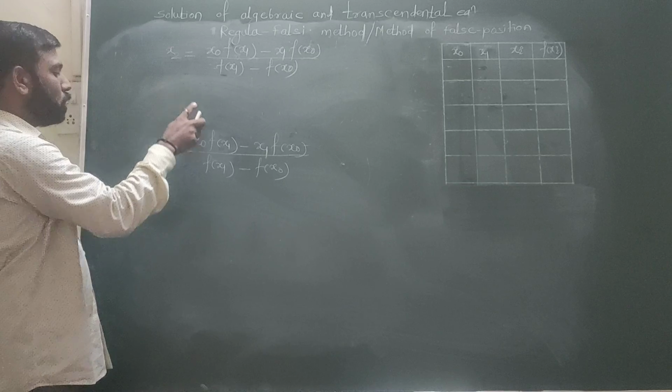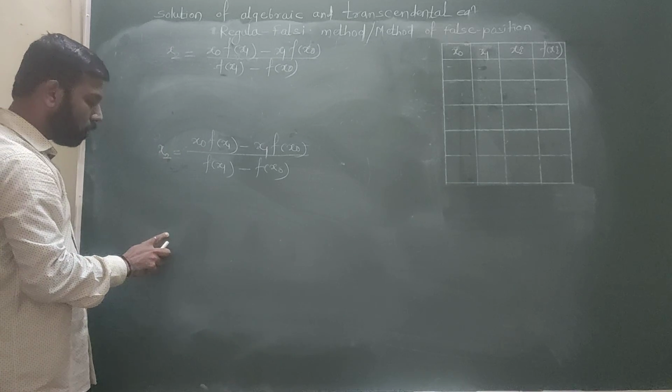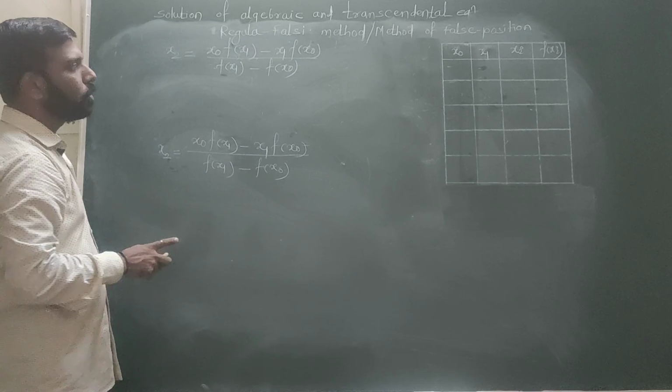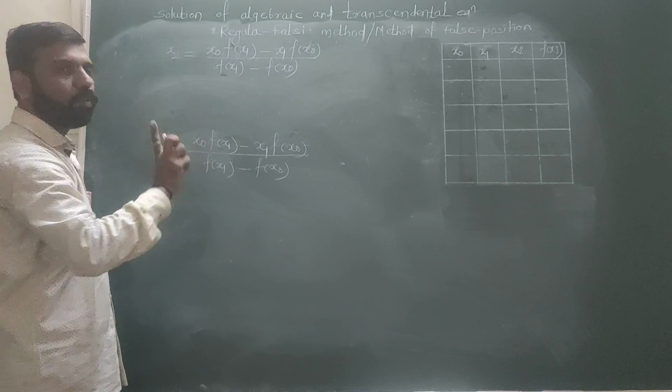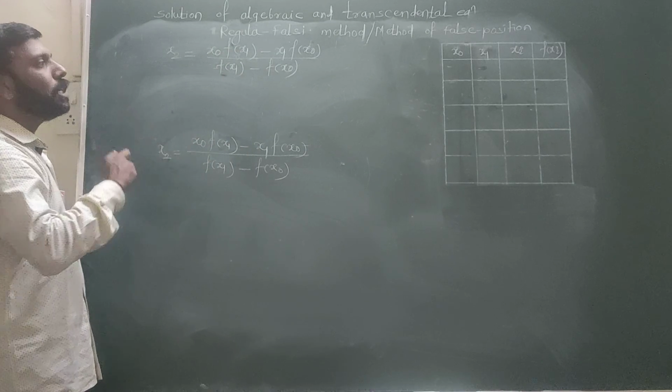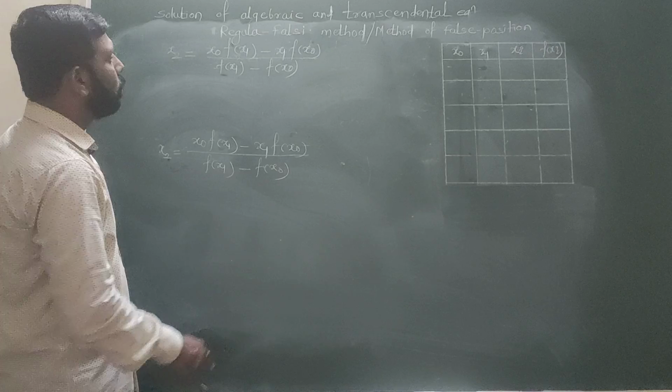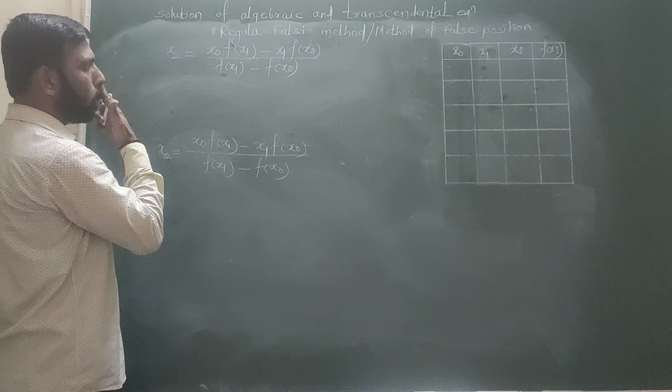This is the first approximation, this is the second approximation, third approximation, and so on. We will not make a change in our formula. We will make changes in the values, the assumption of given values.